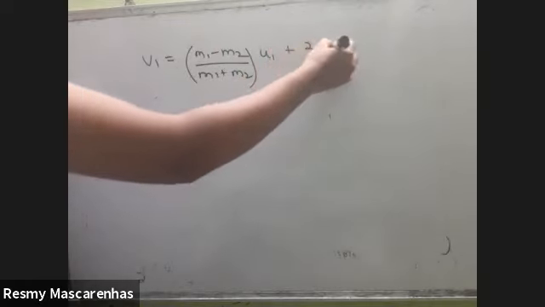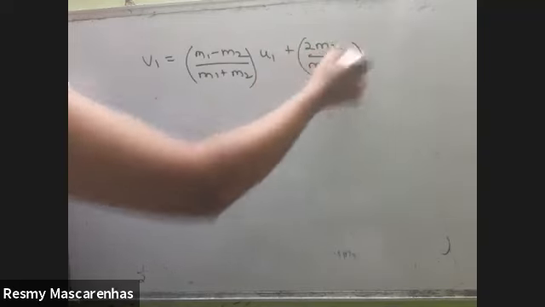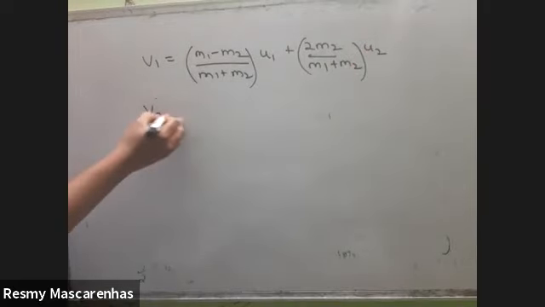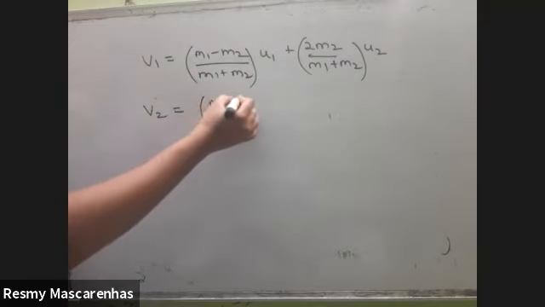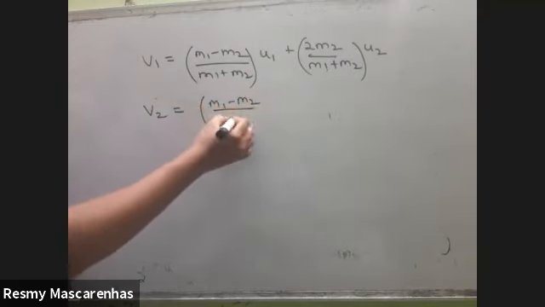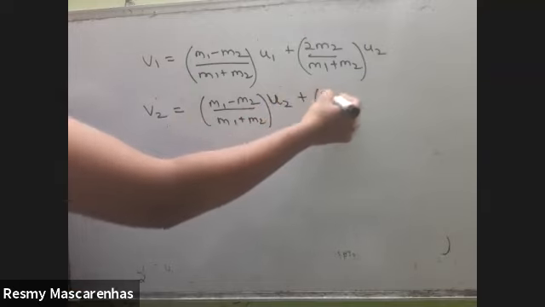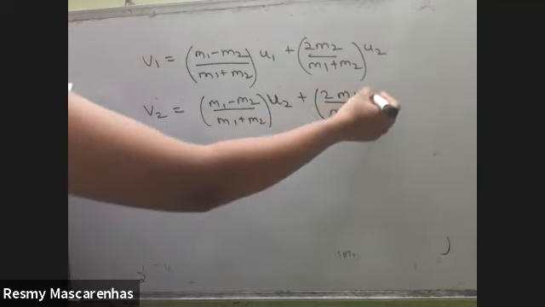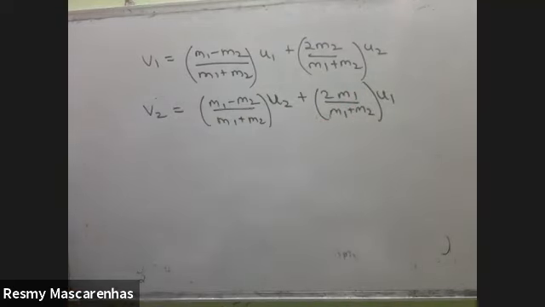Plus 2M2, like this you can remember. So this is the formula for V1, and this is the formula for V2.